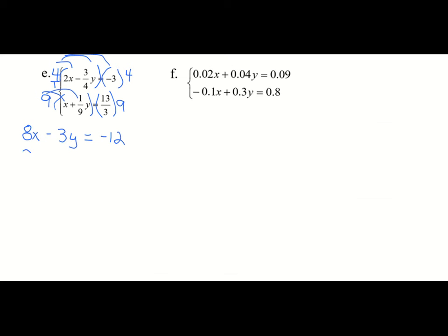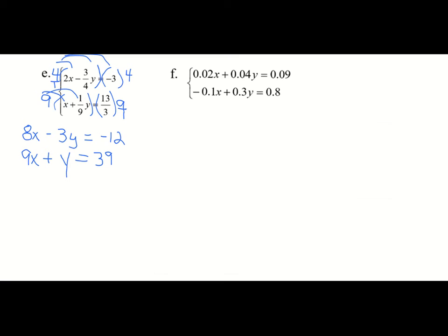So we end up with 9x plus, when you do 9 over 1 times 1/9, you end up with just y, or 1y. And then 9 over 1 times 13 over 3 is going to give us 39. Because you would multiply 13 times 9 divided by 3, it equals 39.